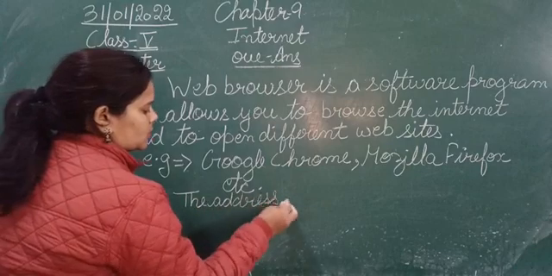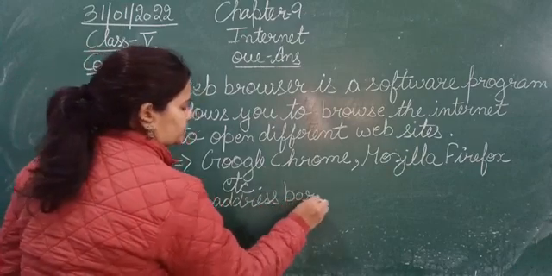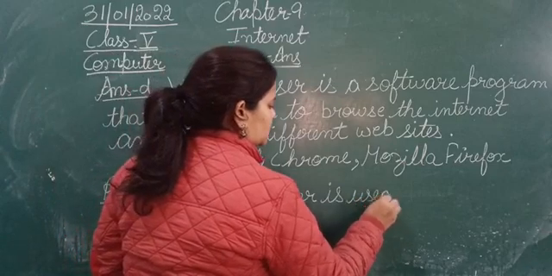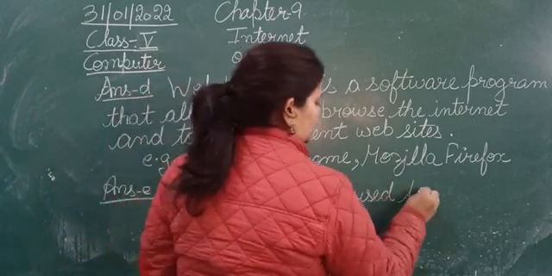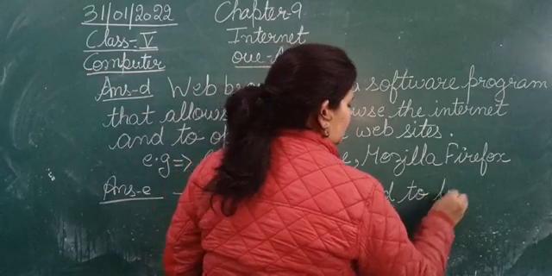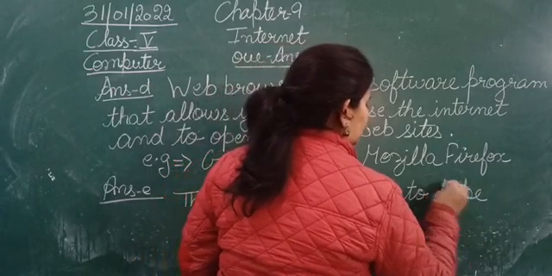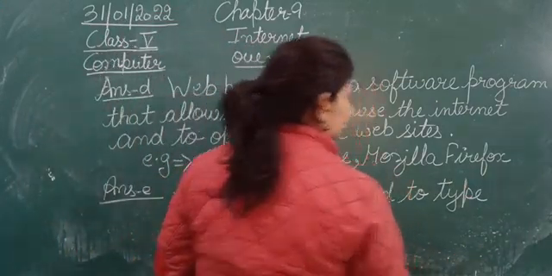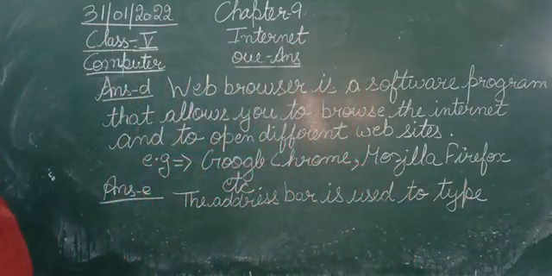Address bar is used to type, the address bar is used to type the URL. URL means the web address.